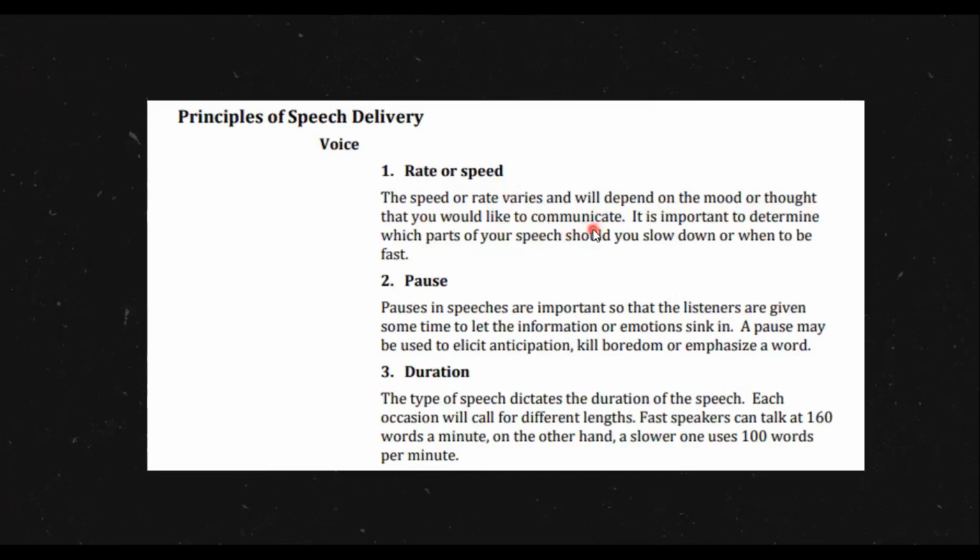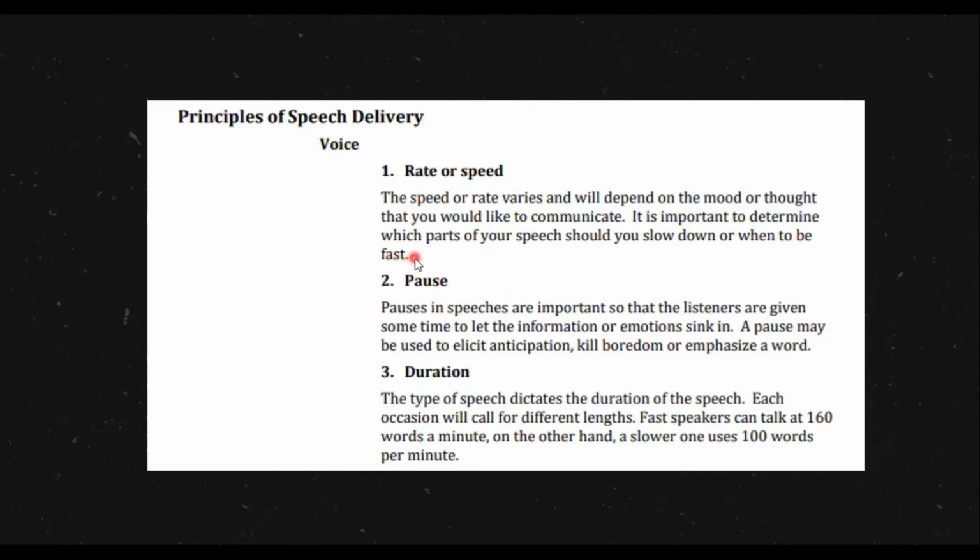Okay, well, of course, if your speech is about a humorous topic, your energy must hype up the audience. It must be high. Okay, if you are talking with a speech that has more serious topics, your rate or speed of voice must be like a normal one. Okay, it is important to determine which parts of your speech you should slow down or when to be fast.